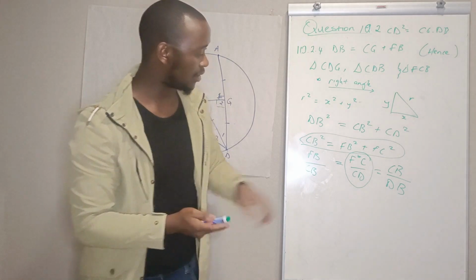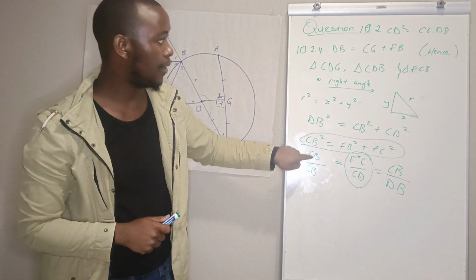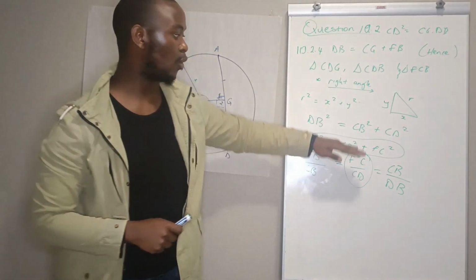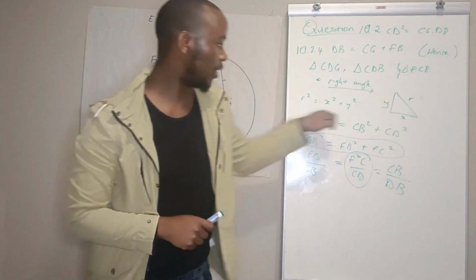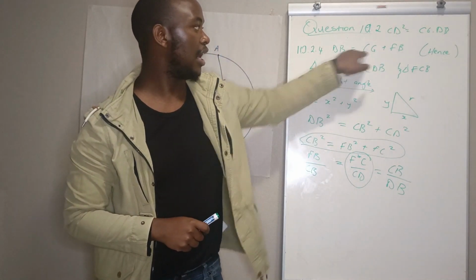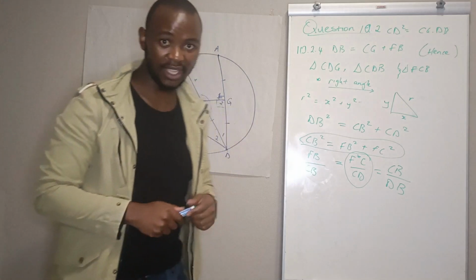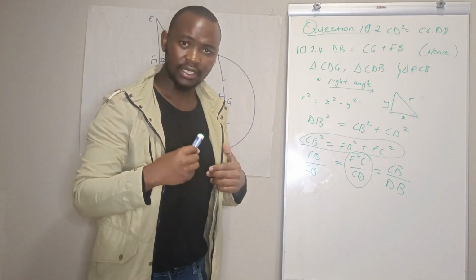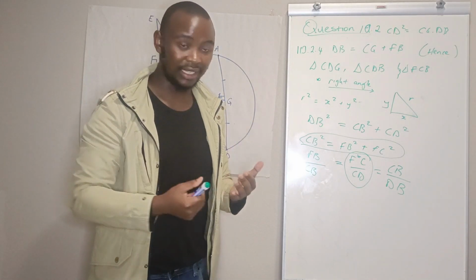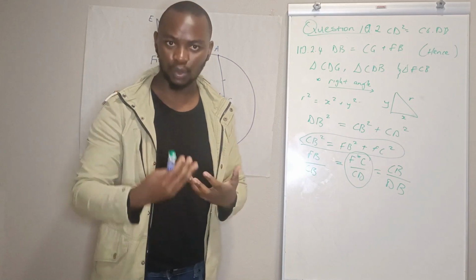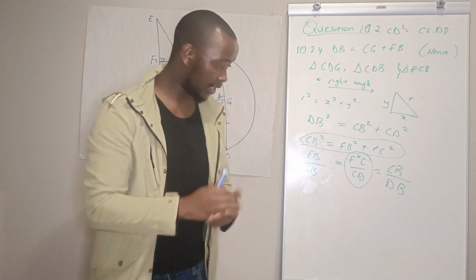It is so that we can start including the variable FB in our equation here and hopefully use this standard equation to figure out how DB can be the summation of that. So it's not an imagination, it's just using the tools that we have available to your advantage.